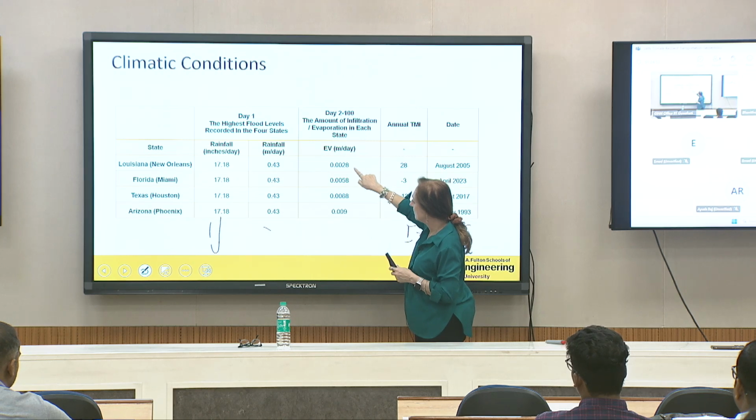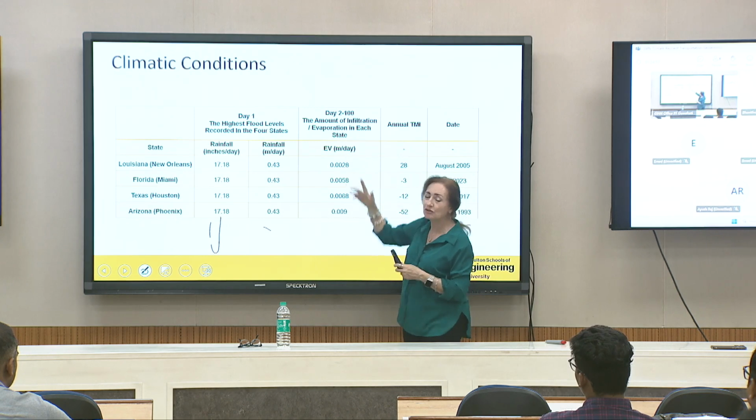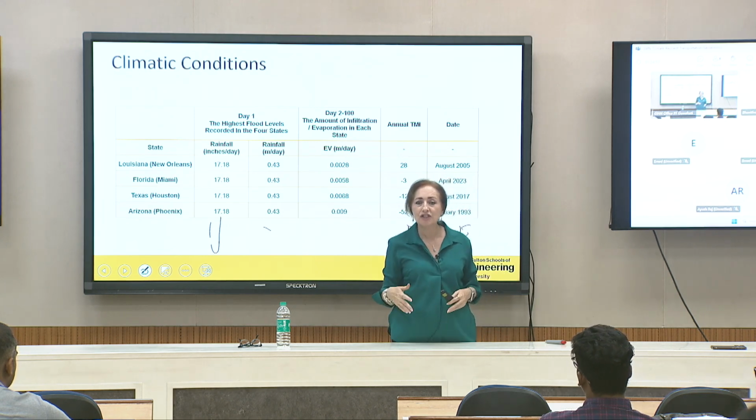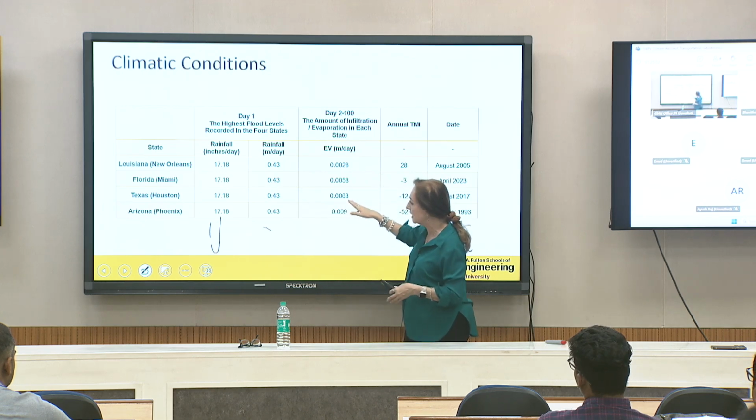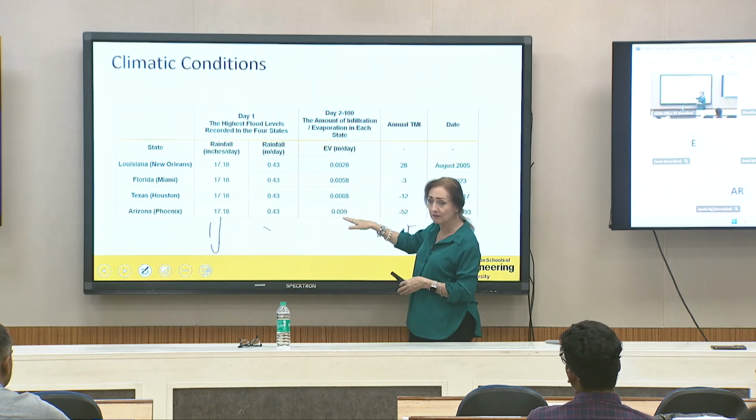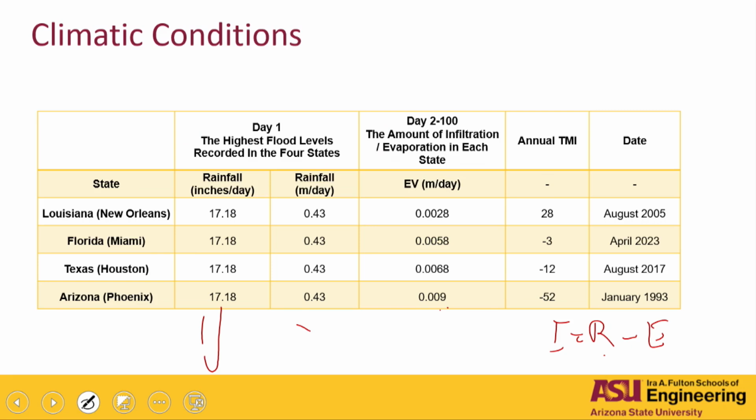This is the average annual evaporation rate for Louisiana, for Florida, for Texas, and for Arizona, right? So we got a lot more evaporation, as you can see, in Arizona than Louisiana.